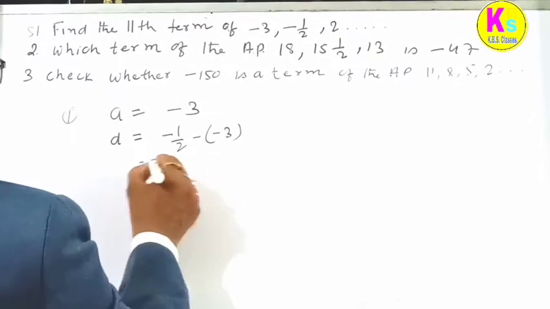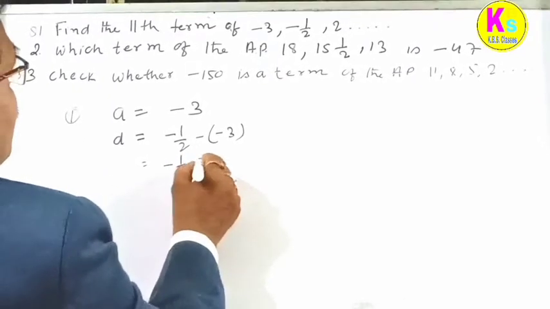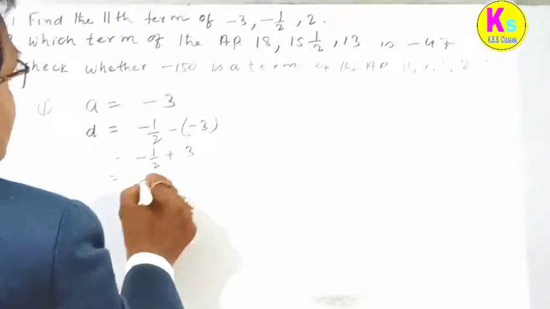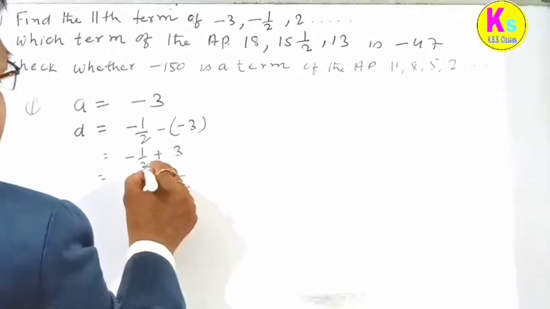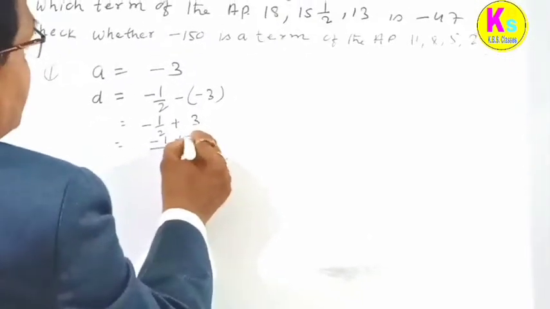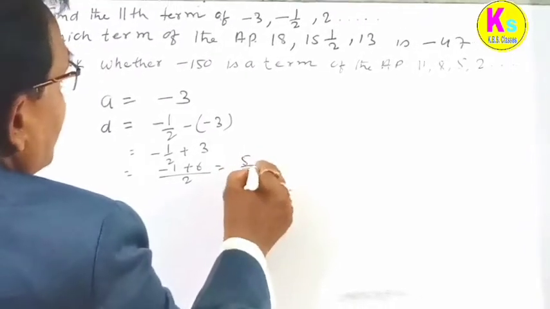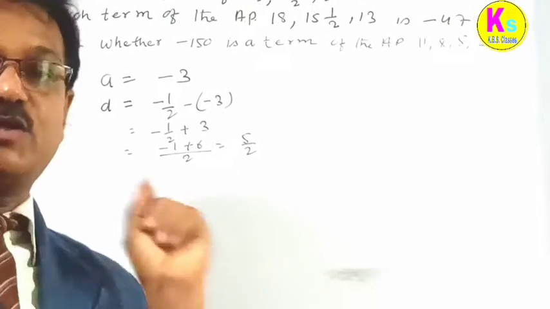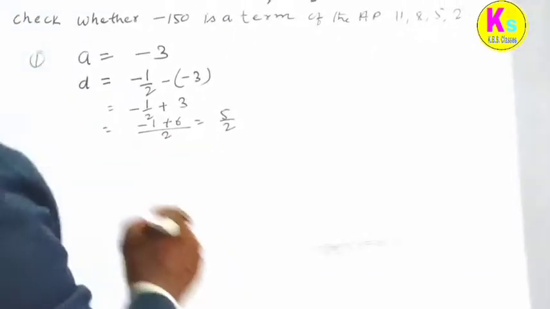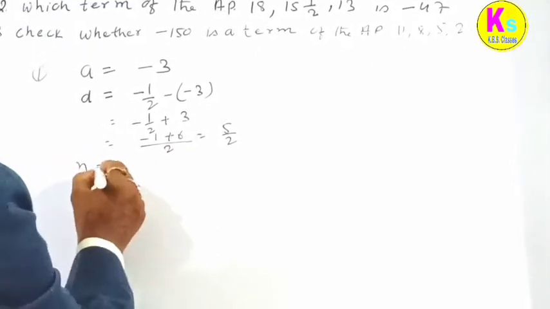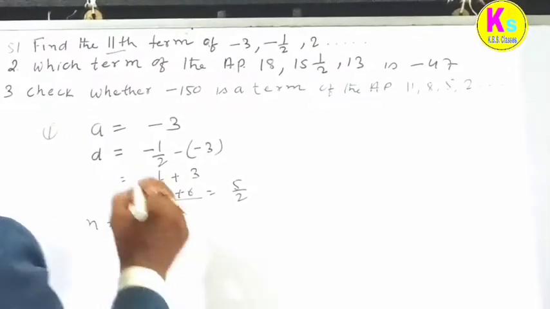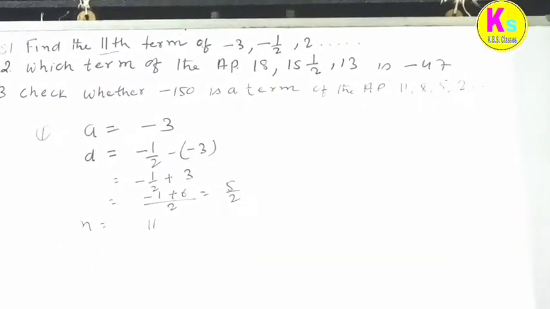What are you getting? -1/2 plus 3 is equal to (-1 plus 6) by 2, which is 5/2. So the common difference is 5/2. The n, the number of terms, is already given: 11th term. So n is 11. Now use the formula.